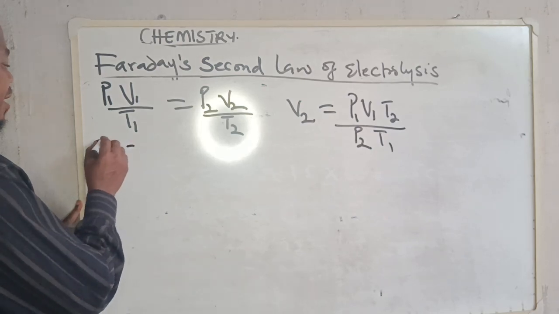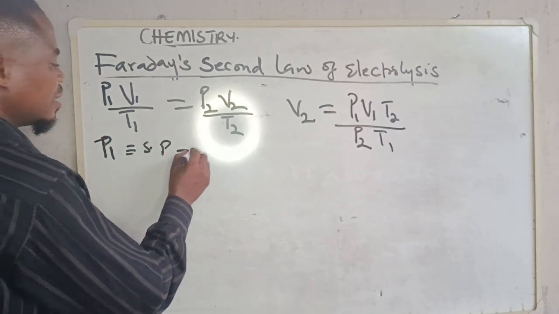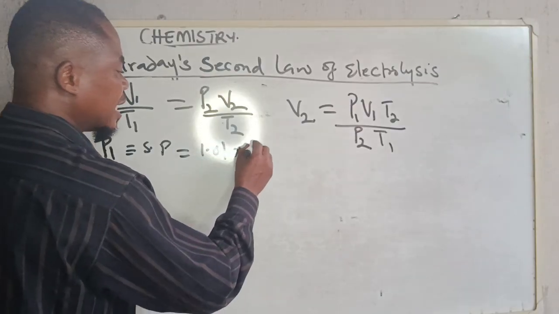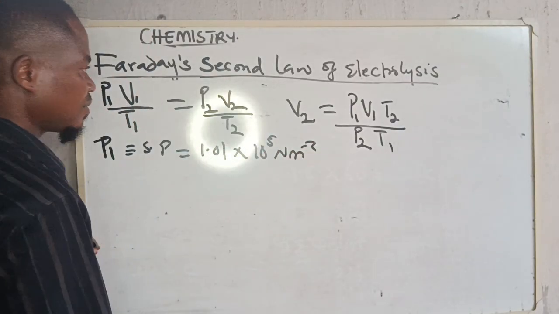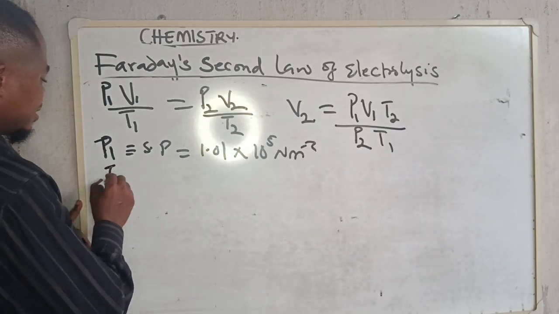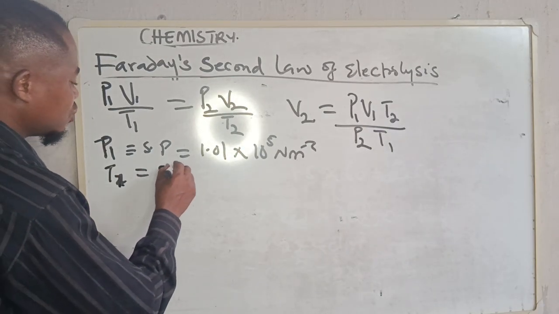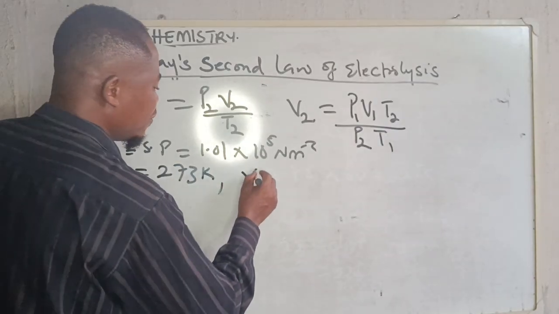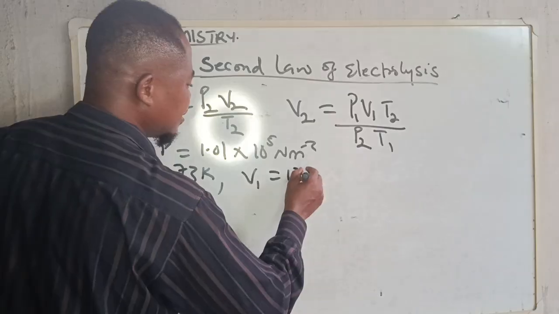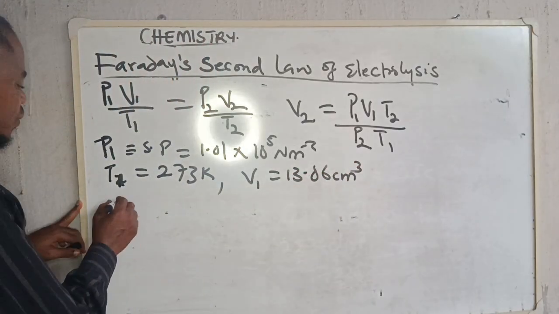P1 is equal to standard pressure, and that's going to be 1.01 times 10 raised to power 5 Newton per meter squared. T1 is 273 Kelvin. V1 is 13.06 cm cube. We're left with P2 now.